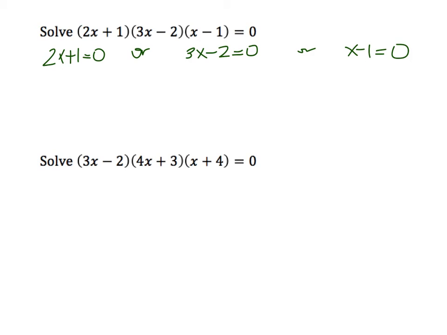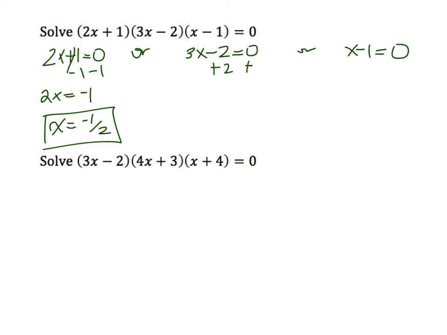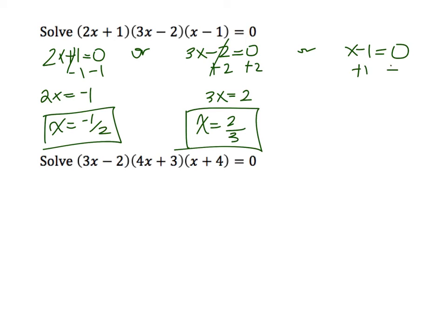Solving each of them, this first one I'll do minus 1, 2x is equal to negative 1, divide by 2, so x is equal to negative 1/2, that's one answer. Next one, add 2 to each side, 3x is equal to 2, I'll divide both sides by 3, so x is equal to 2 over 3. Now I just have to add 1 to each side, x is equal to 1.